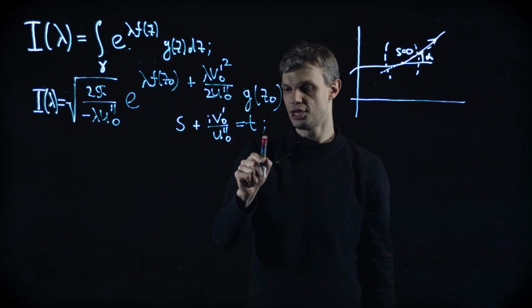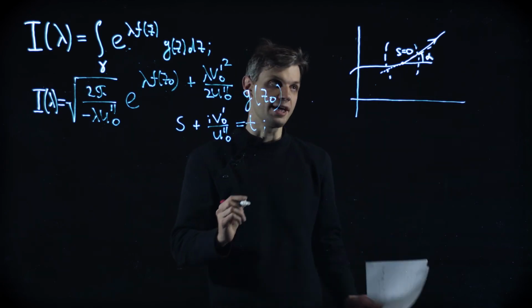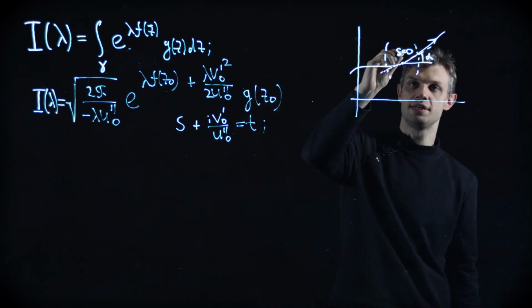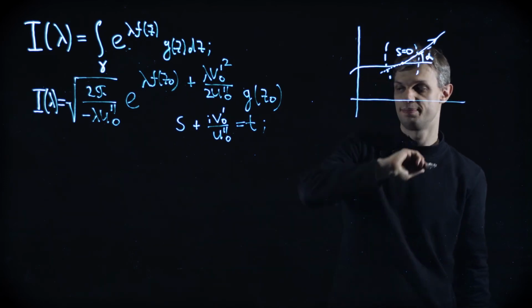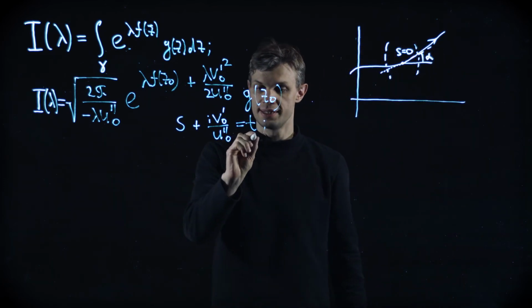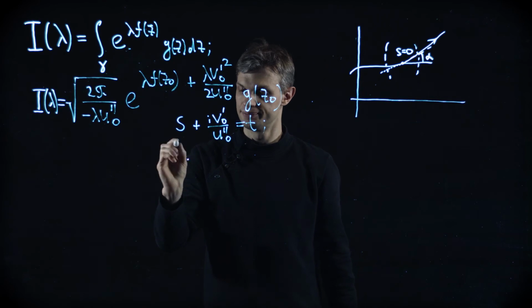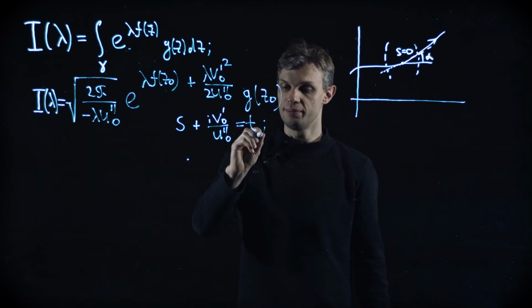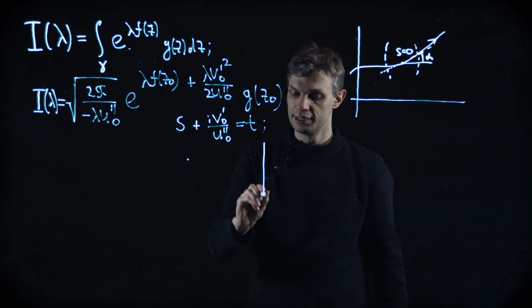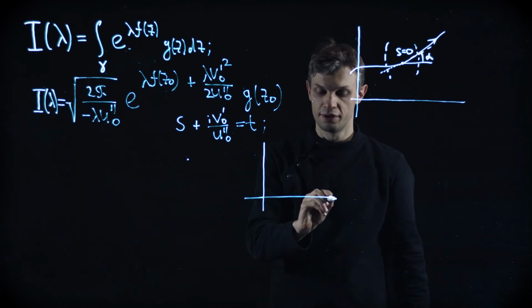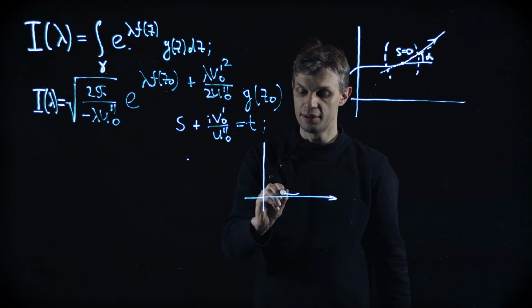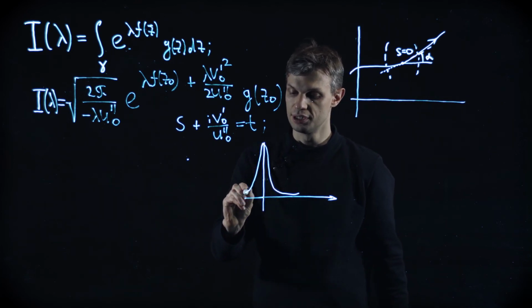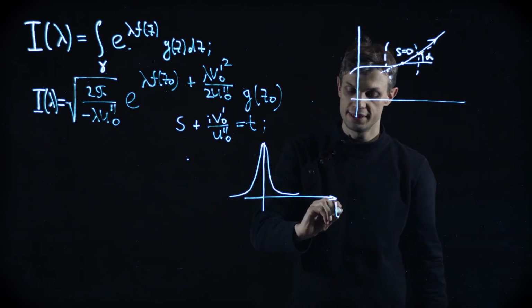And one more strange thing is that in order to get this result, we actually shifted the variable of integration. Initially, we expanded our function in the vicinity of the origin of the s parameter. But then we took the Gaussian integral, assuming that the integrand falls off pretty fast near the origin of this t variable.